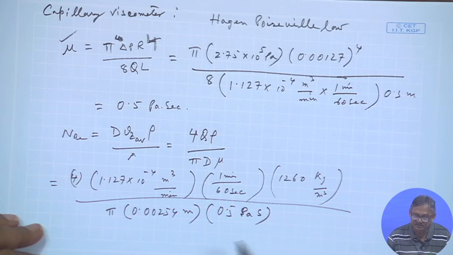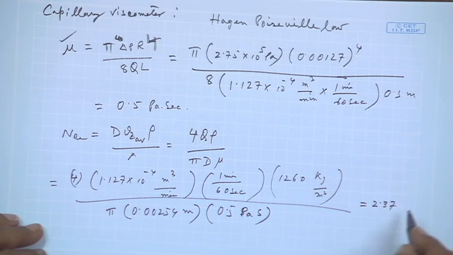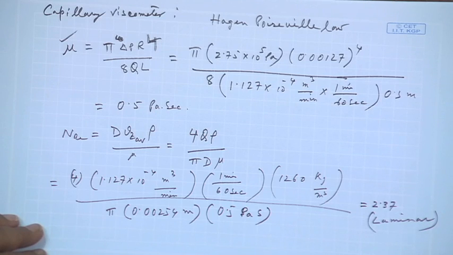So, this becomes equals to 2.37, which is nothing but the flow is laminar.